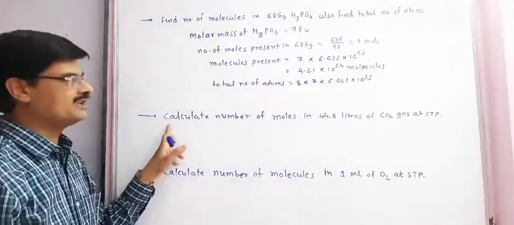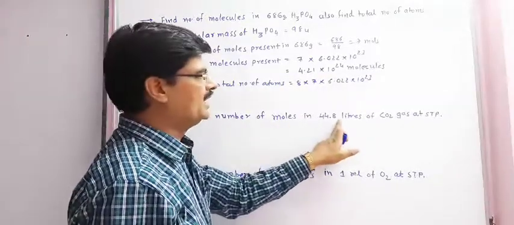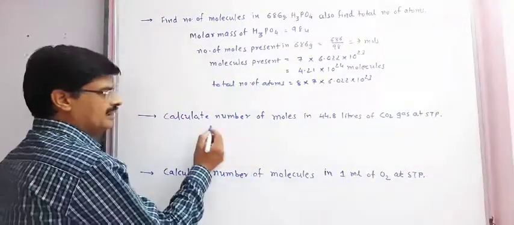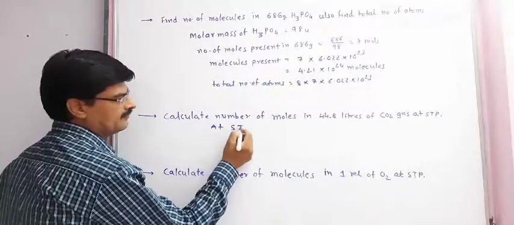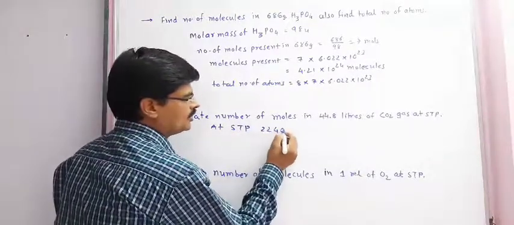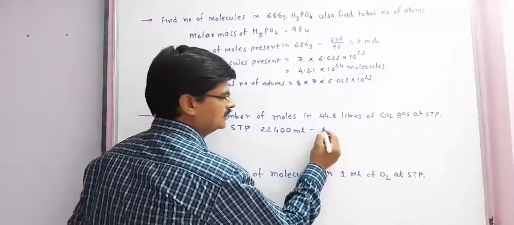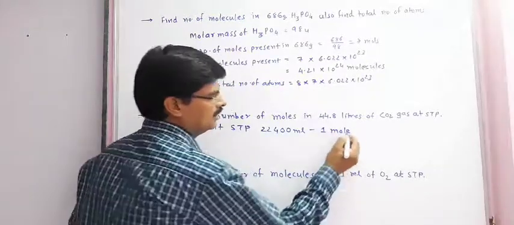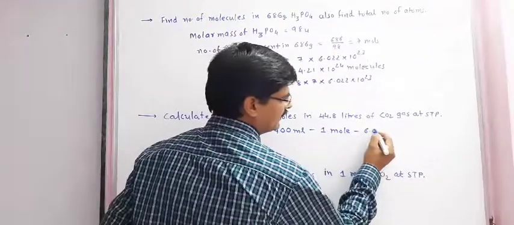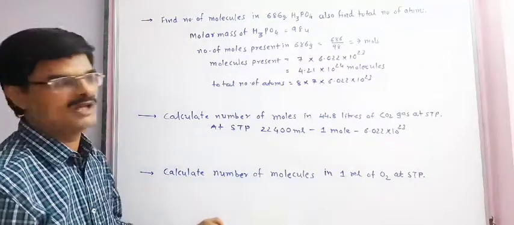Now in the next question, calculate the number of moles in 44.8 liters of carbon dioxide gas at STP. At STP, standard temperature pressure, 22400 ml is equal to 1 mole of that particular gas, carbon dioxide, which is equal to 6.022 into 10 raised to 23 molecules of carbon dioxide.